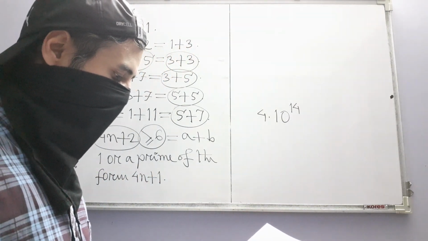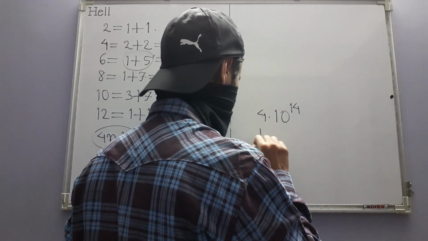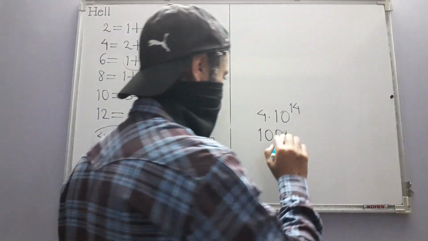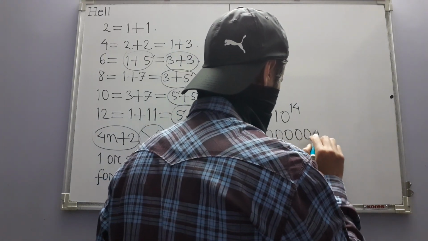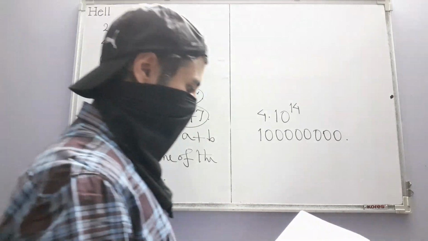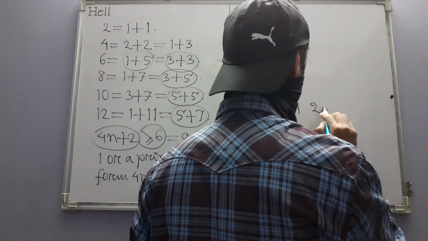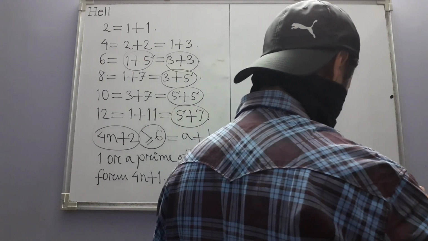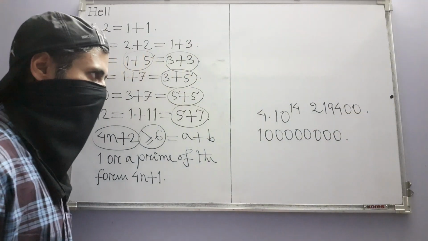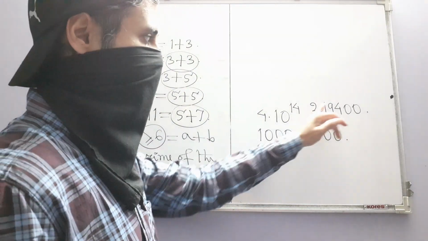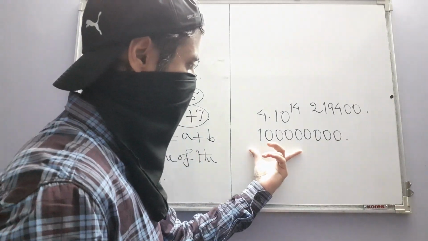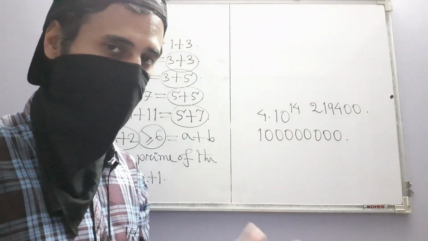For example, for this large even integer, there are this many ways, 219,400 ways of writing this as a sum of two prime numbers.